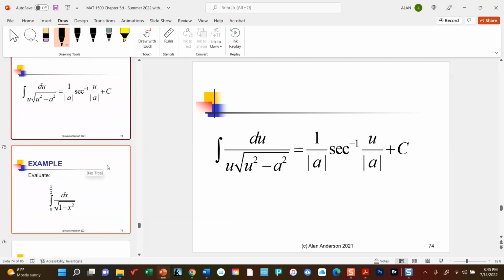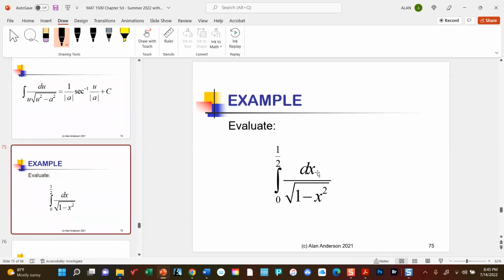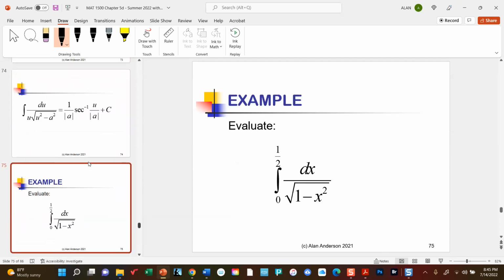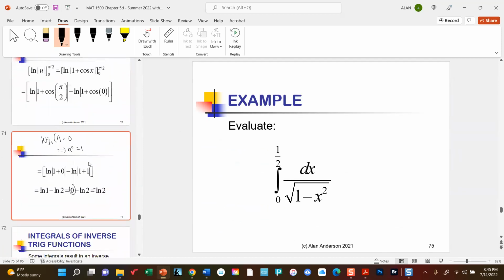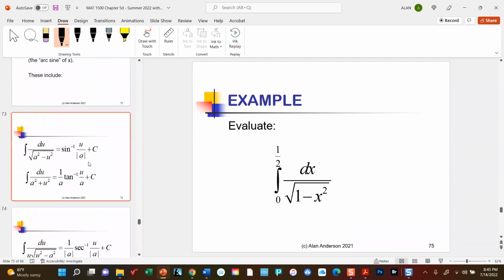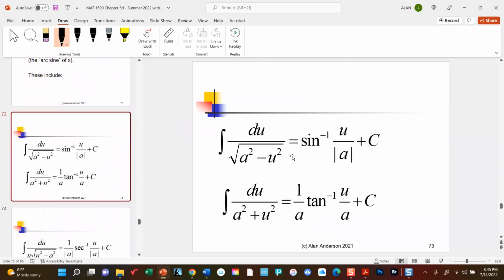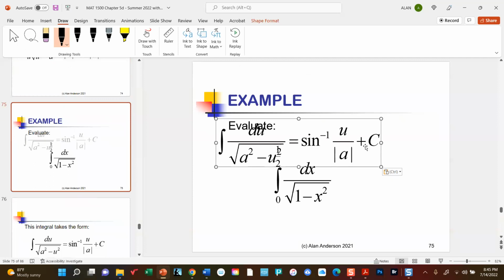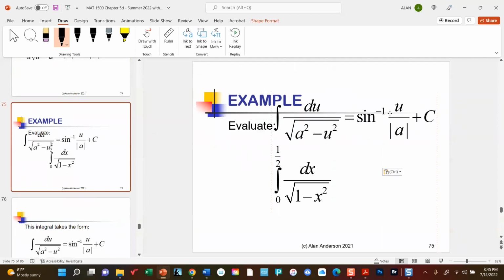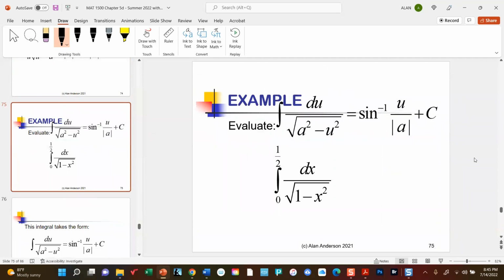So let's look at a case like this. Now, it looks kind of familiar. Let's see if it falls into one of these categories. Like, for example, maybe it's this one. If a is 1 and u is x, then we're all set. Because look what we'll have.